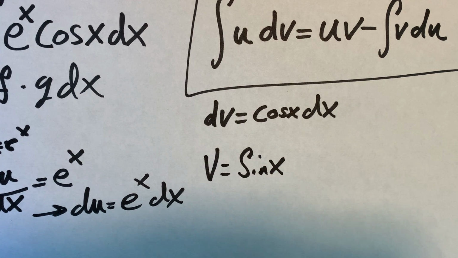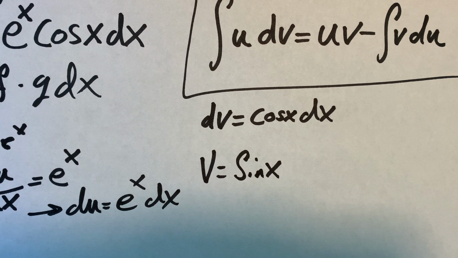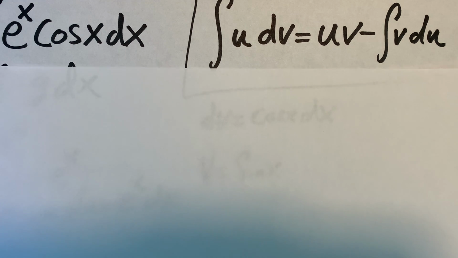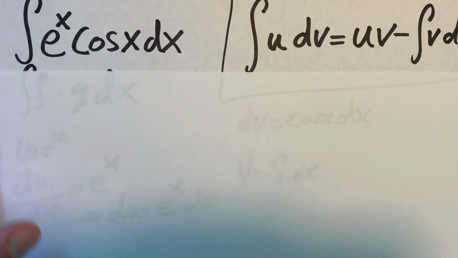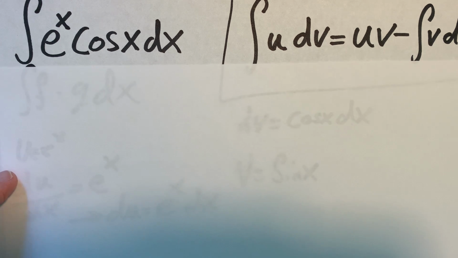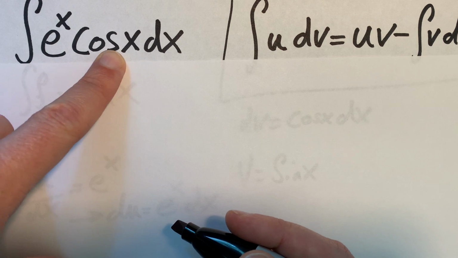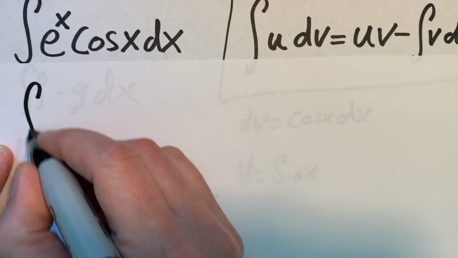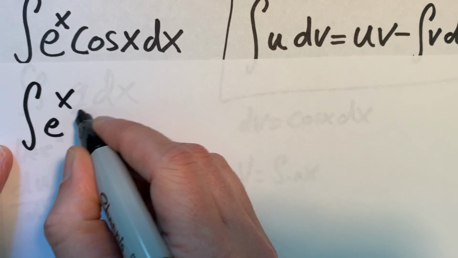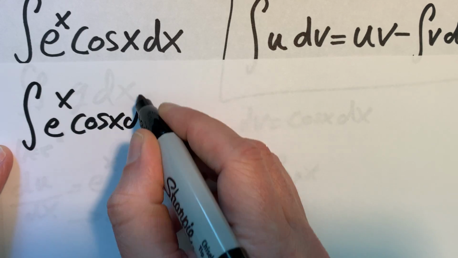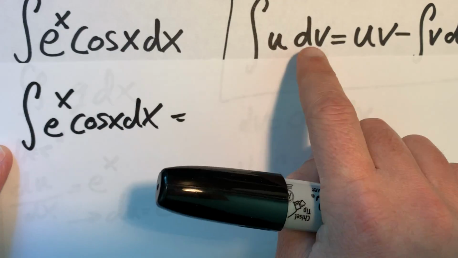Okay, so I've made my choices, and now I just need to plug this in the formula and see what happens. Okay, but things are starting to get messy on my paper, so I'm just going to get a fresh sheet, and we're just going to build it. So we'll start from the beginning, as if we knew exactly what we're doing from the top, right? So, okay, we're going to say that this equals this formula.